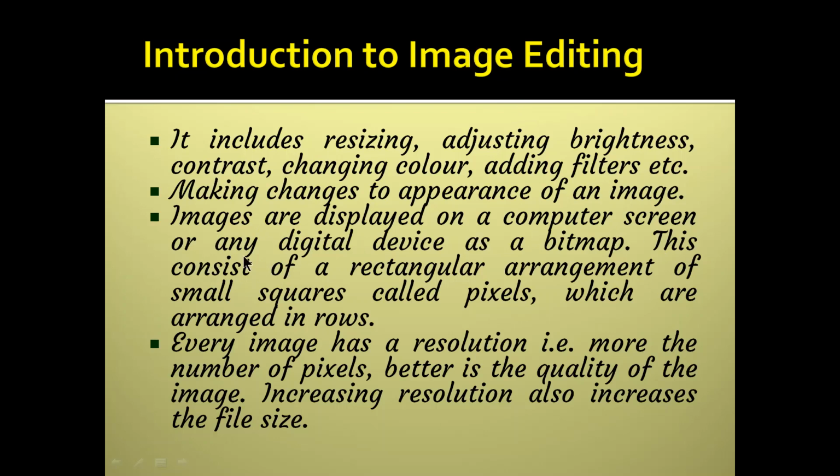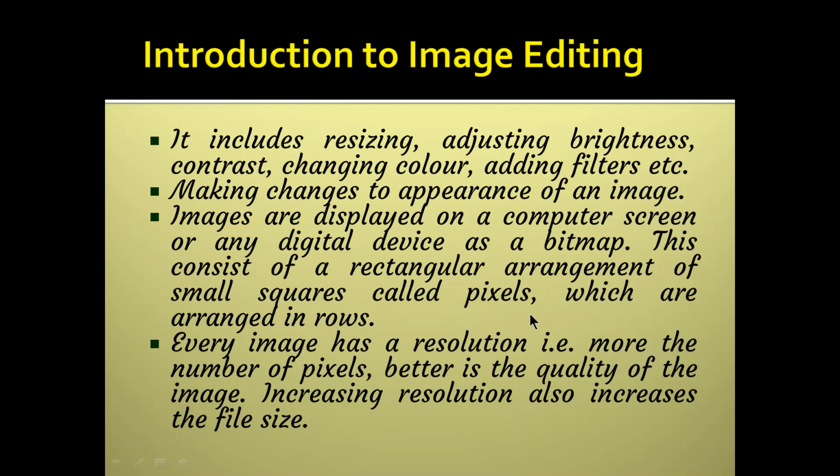Images are displayed on a computer screen on any digital device as a bitmap. This consists of a rectangular arrangement of small squares like pixels, which are arranged in rows. Means a new word, not for the computer technical terms. The images are always available in pixels.